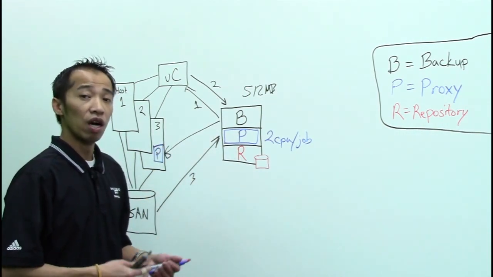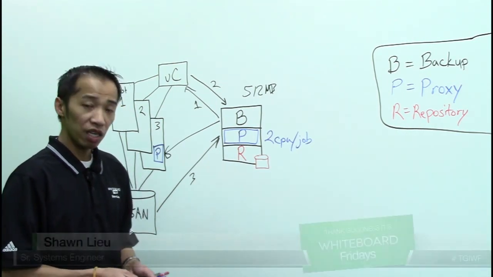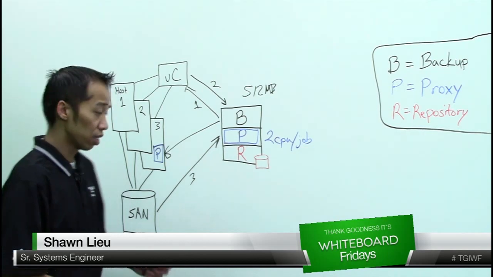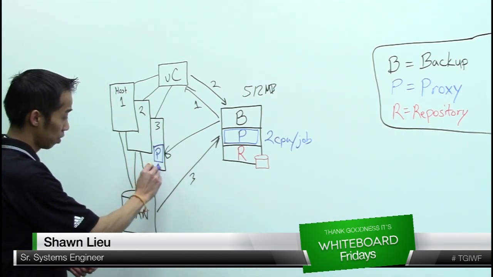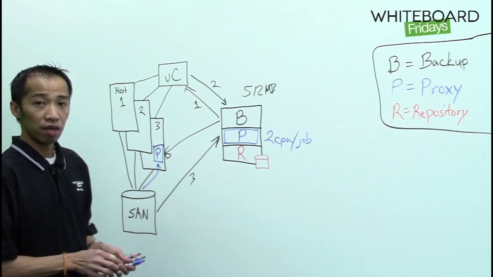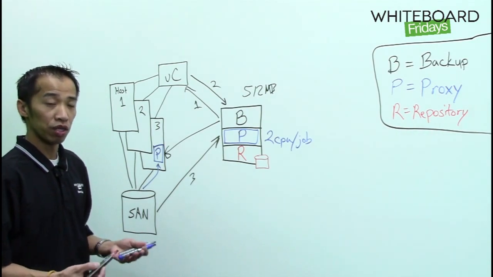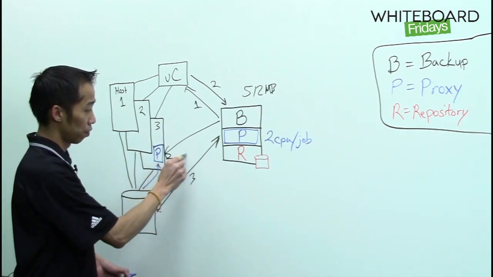So now the virtual proxy is going to leverage virtual appliance mode, essentially using VADP's hot add capabilities. It will leverage the host I/O stack here. Right? So it's going to retrieve data through the host I/O stack, and then once it's finished with its compression deduplication, pass it off to the repository.